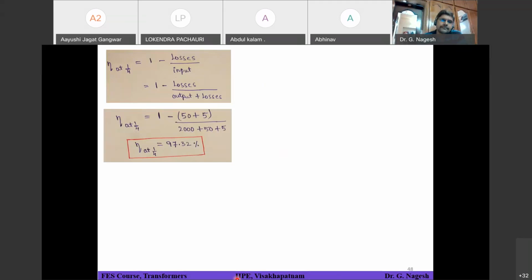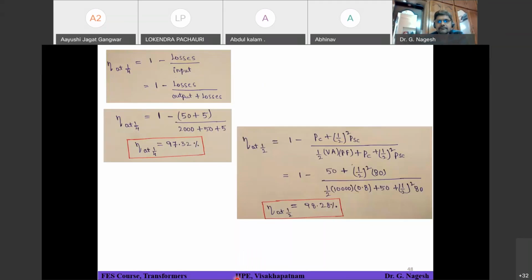Okay. Right. So others also have done it. All of you, please try to do that. Right. So efficiency at half of full load means only the variation will be in copper losses and the output power.